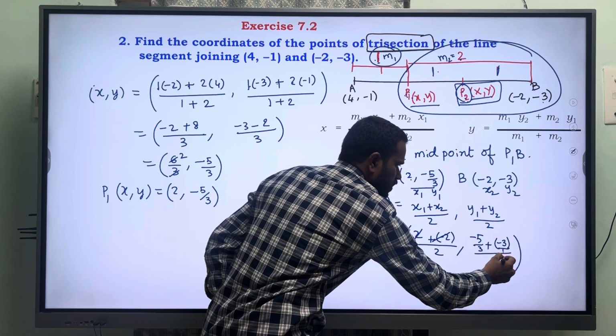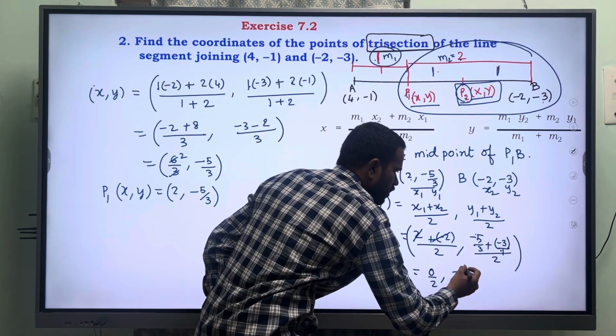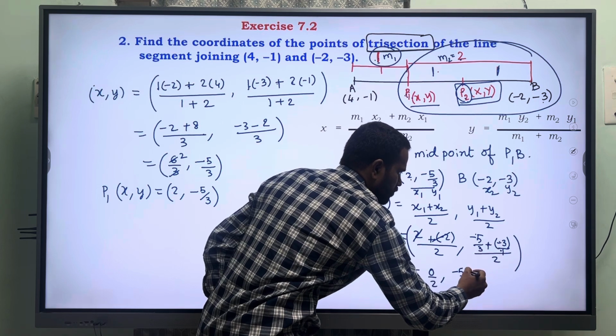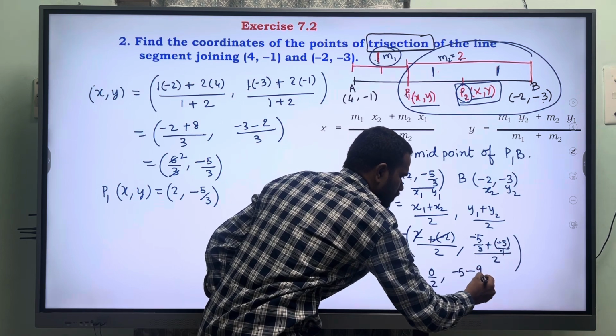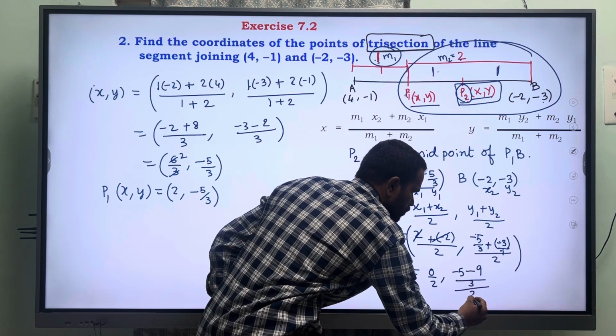Okay, this one you see here we will cross multiply, 1 into minus 5 plus 3 into minus 3, 3 3s are 9, by 3 1s are 3, upon 2.